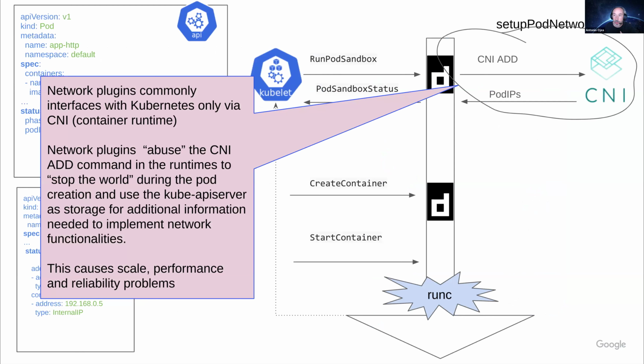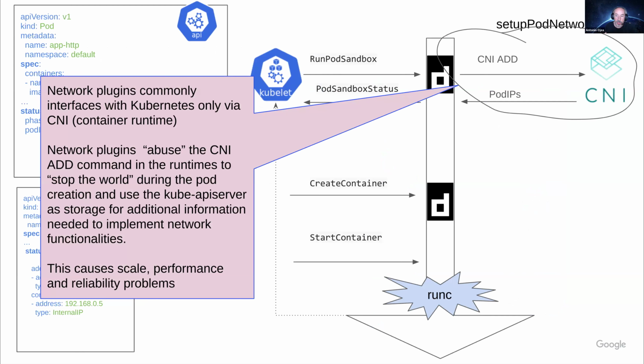The problem is that you use the CNI to build all these networking features, but you don't have any way of receiving metadata or information. So what these network plugins typically use is CRDs. When they receive the CNI call, they perform another API call to do more operations.